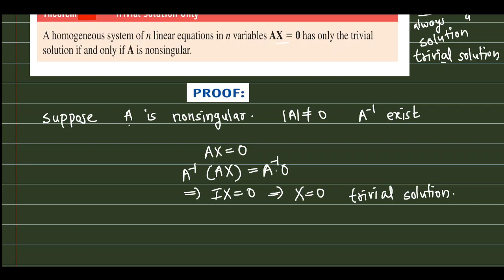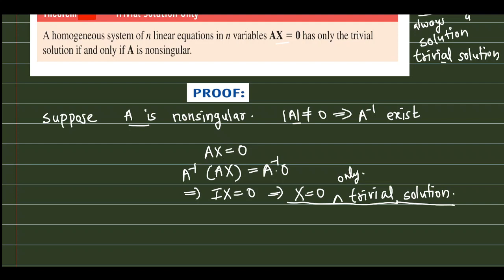So if A is non-singular, that is if determinant of A is not equal to 0, which implies that A inverse exists, then for a homogeneous system, when you multiply by the inverse, we see that x equal to 0 is the only solution. So we have only the trivial solution. So to get a non-trivial solution, what should we have?